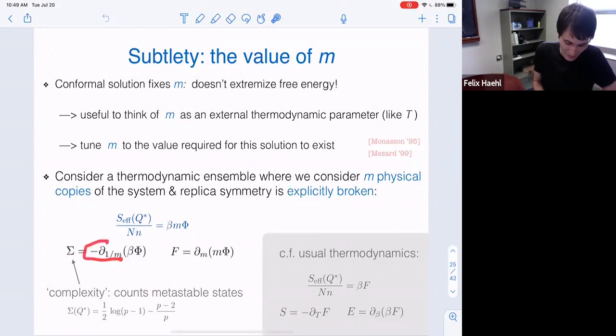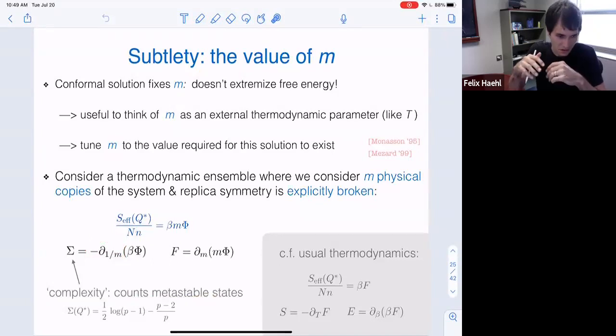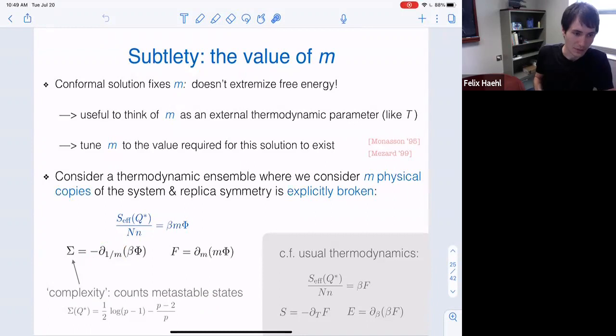Here, if you take this m derivative, you get something very much like an entropy, in the sense that it counts states. What it counts is the number of metastable states in this glass phase, in this complicated free energy landscape. It's also extensive in the number of degrees of freedom. What I have here is an explicit expression from an explicit calculation. This is the complexity density, if you wish, so the actual complexity is again proportional to n.